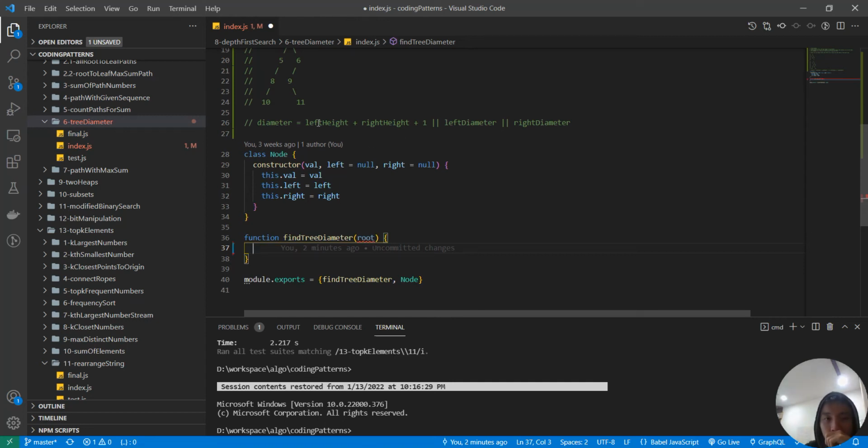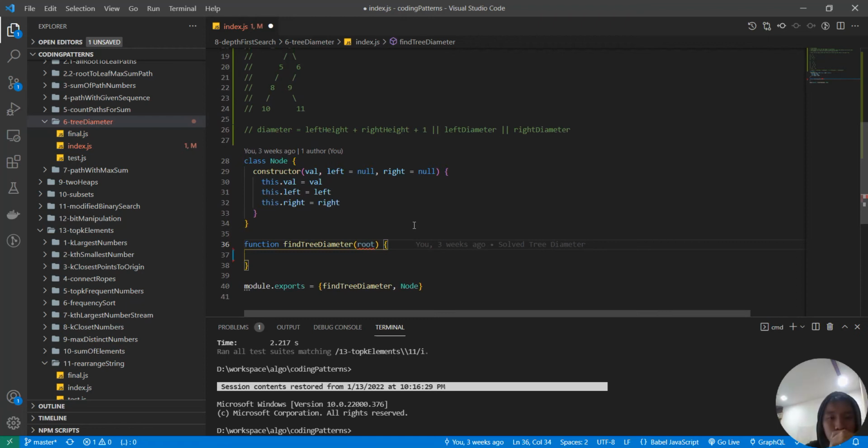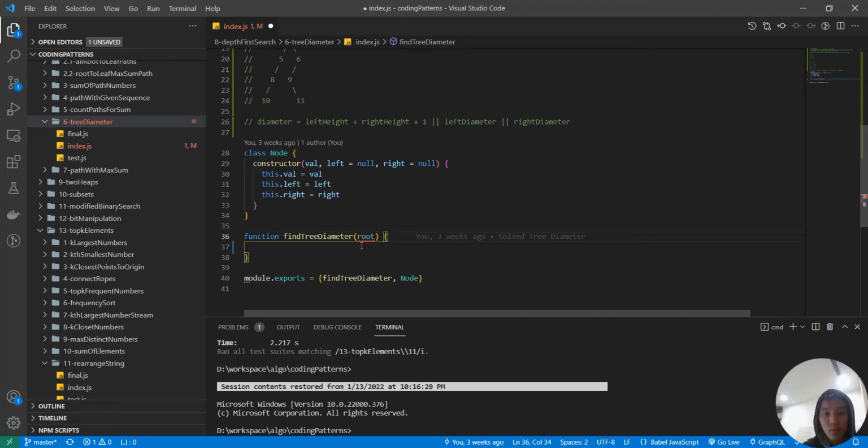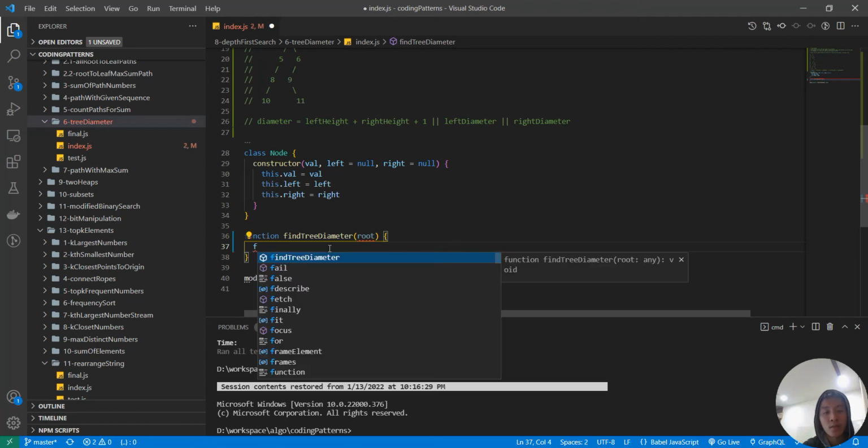So for each recursive call, here are the two pieces of information that I need: left height and left diameter. Because the original function is the one that I need to return the diameter only.